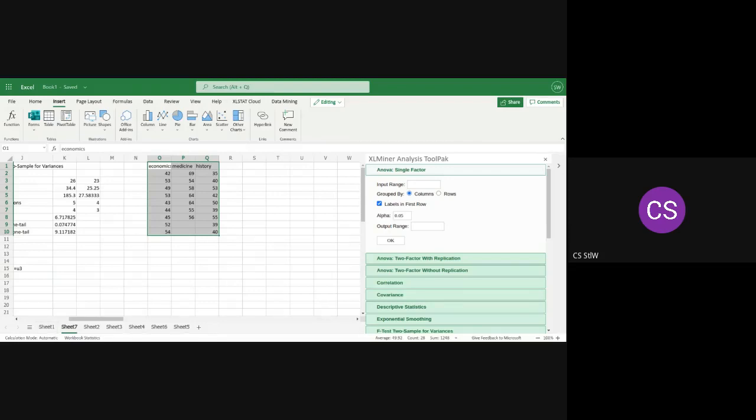For this, I can directly go in and put in my input range. So it is from O2 up to Q10. Remember you have to put a $ sign to separate that, full colon up to Q10.